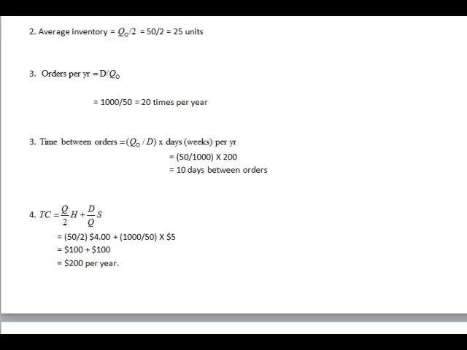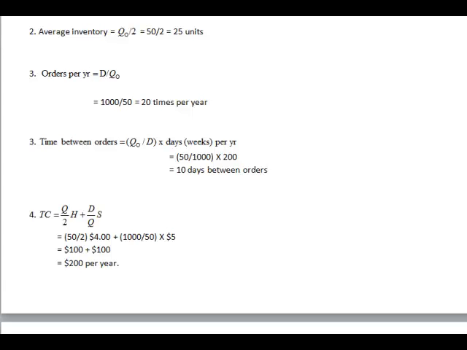So the formula for that is shown as Q over 2 times the holding cost plus the demand divided by Q times S. Now, I want you to take a careful look at the variable Q in this formula.